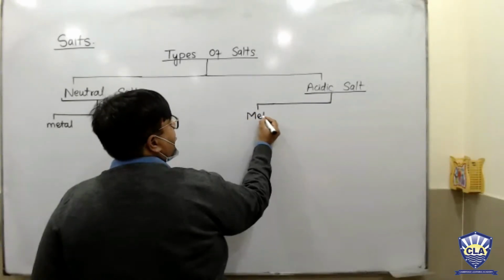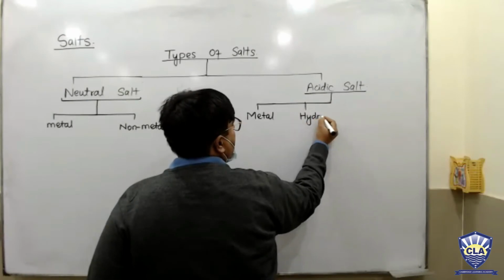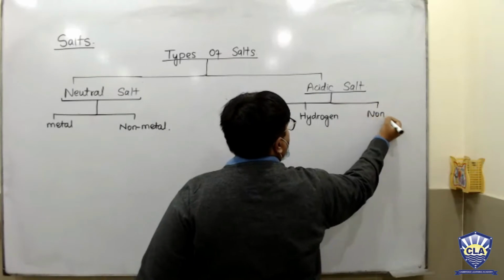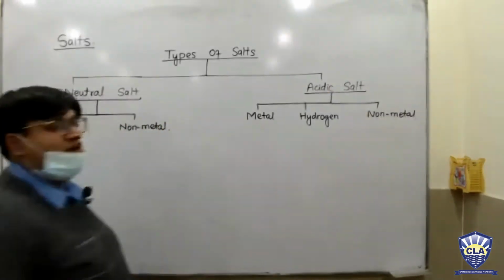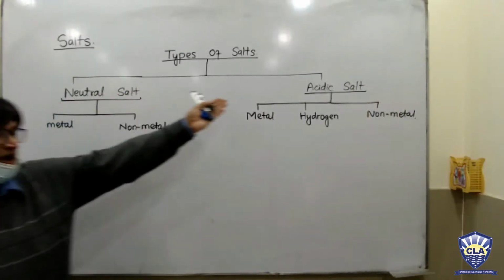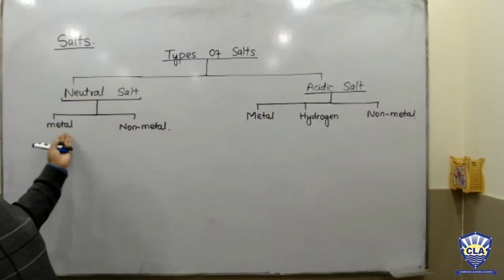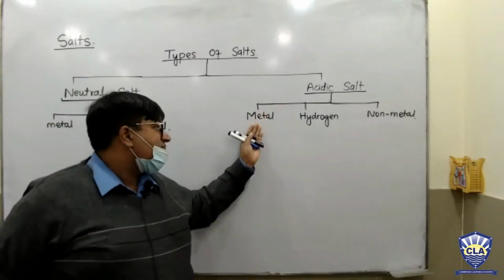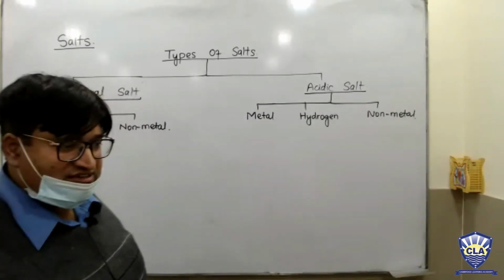The first thing is metal, the second thing is hydrogen, and the third thing is non-metal. So these three things are present in the acidic salts. Neutral salt is only made up of metal and non-metal, whereas the acidic salts are made up of metal, hydrogen, and non-metal. Is it clear?